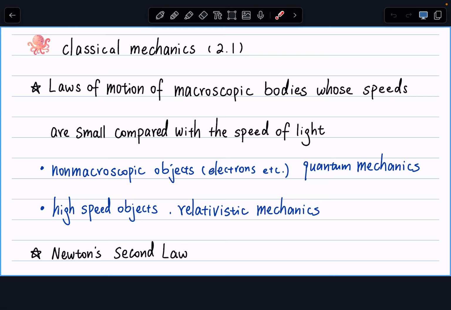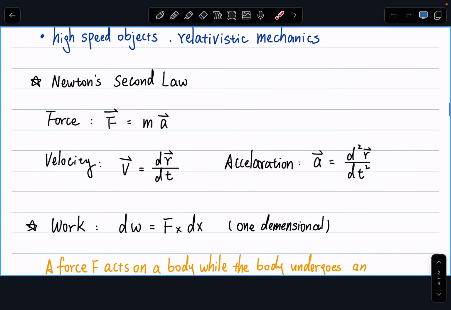In classical mechanics, the most famous one is Newton's law, right? You have force, which is a vector, equal to mass times acceleration, which is also a vector. You have velocity, which describes the change of distance over time, and acceleration is defined as the second derivative of the position over time.